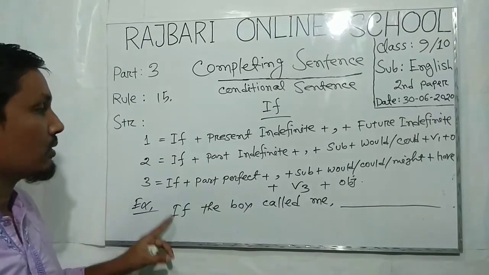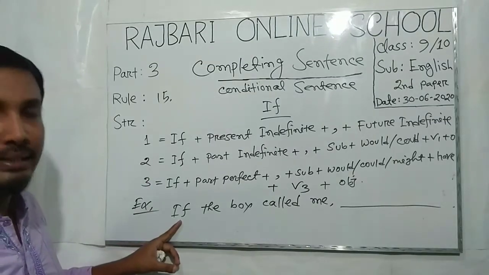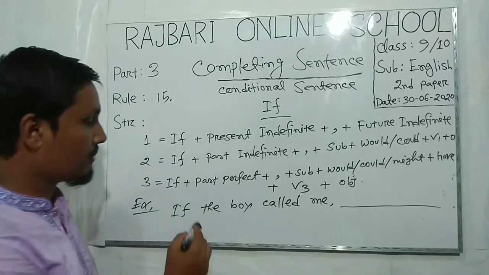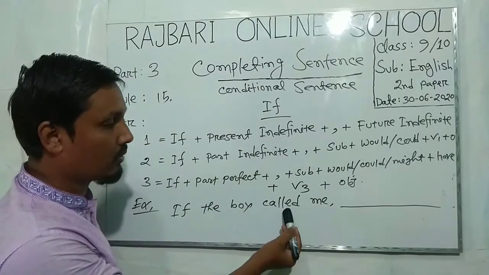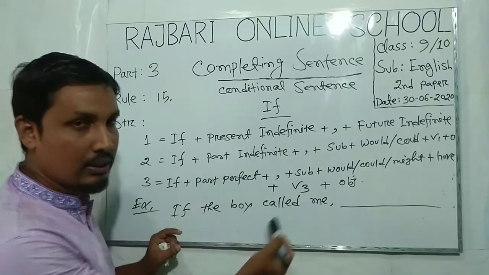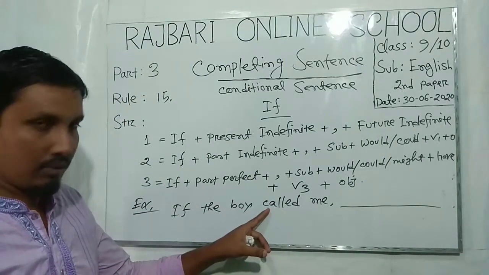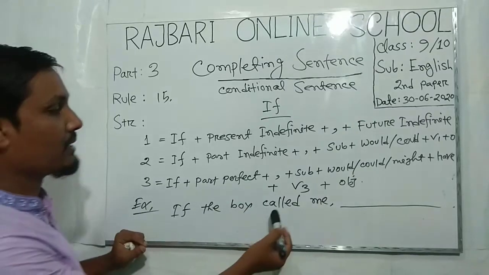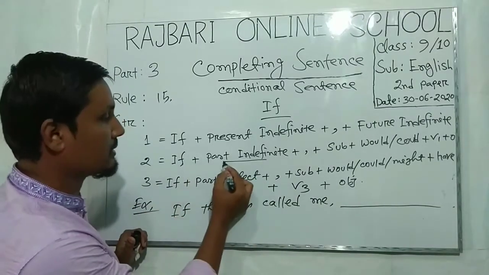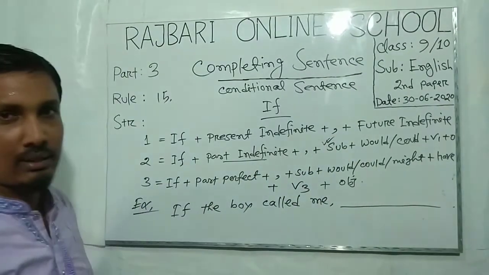You have to find out from which structure this sentence has been written. Here is the word if, and you have to look at the verb, that is called, the past form of call, and it is the past indefinite tense. If plus past indefinite tense, and you have to follow this structure.